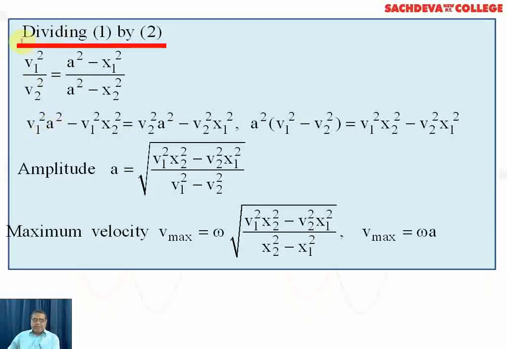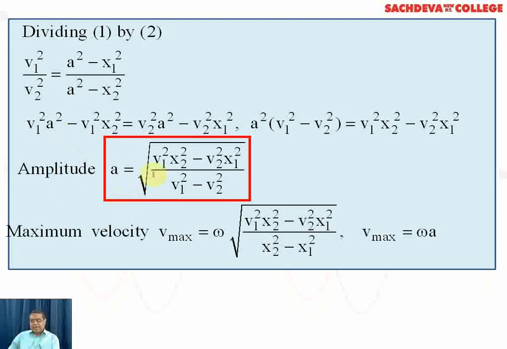So now we divide the first equation by the second equation, that is v1 square over v2 square, and that becomes a square minus x1 square over a square minus x2 square, where a is the same for both the SHM. After cross multiplying, we make a the subject of the equation, and a is calculated as v1 square x2 square minus v2 square x1 square divided by v1 square minus v2 square.